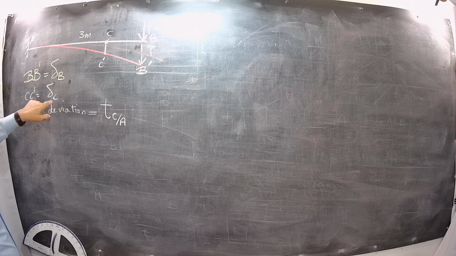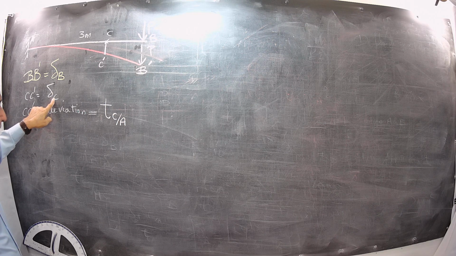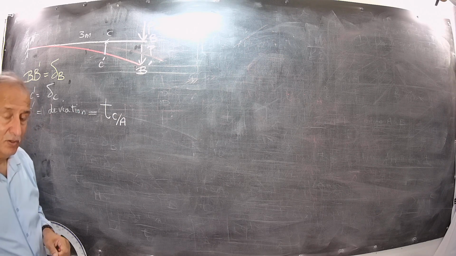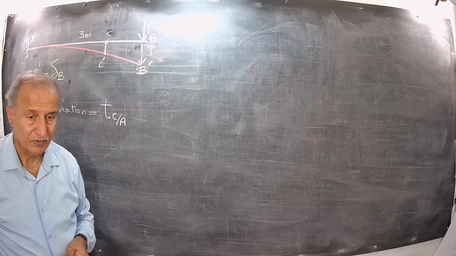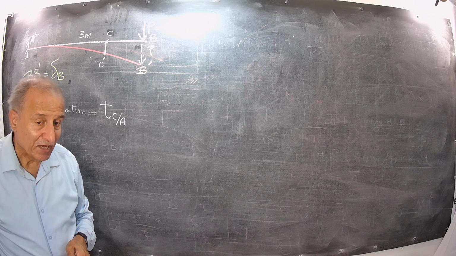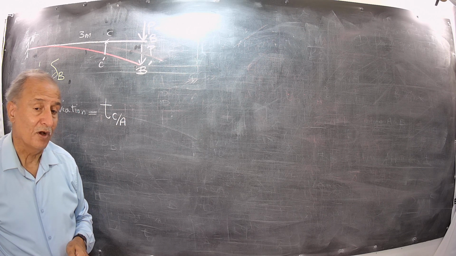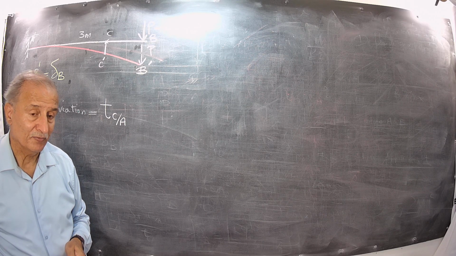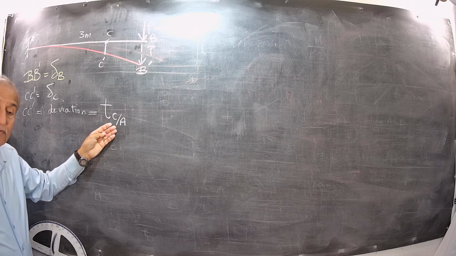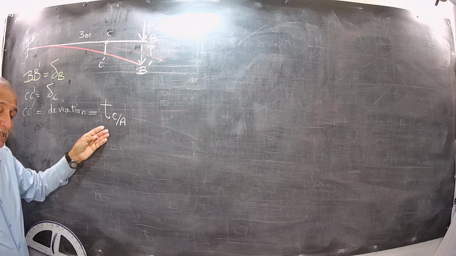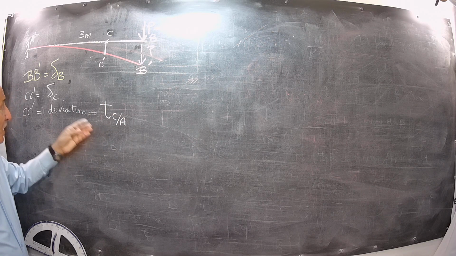And as I defined deflection before, CC prime, delta C, you will see that deviations and deflections are the same for cantilever beam. The second theorem of the moment area method is about calculating deviations. And if we can find deviations, we can find deflection.